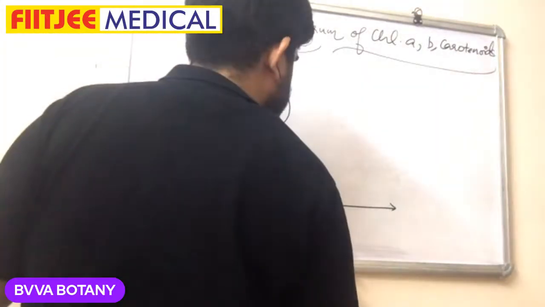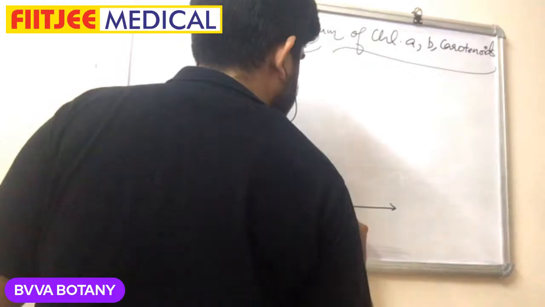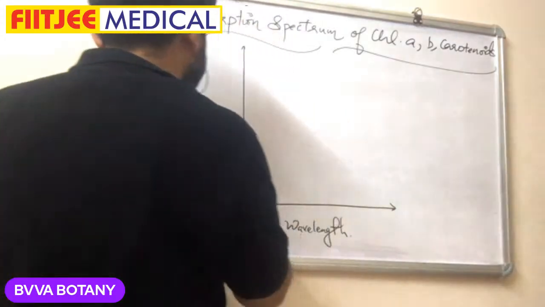This axis is the wavelength of the light in nanometers, starting from 400, and this is the rate of absorption.